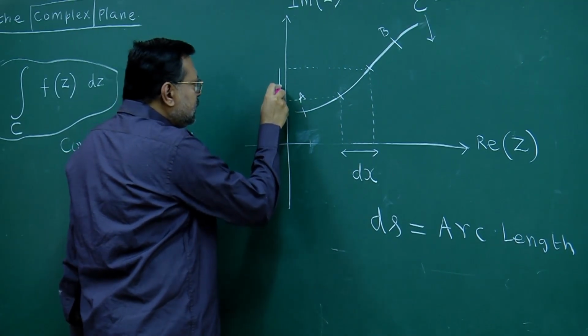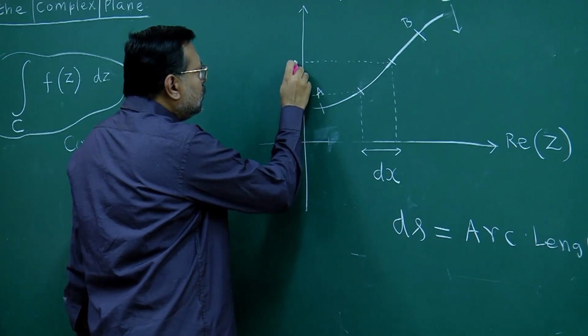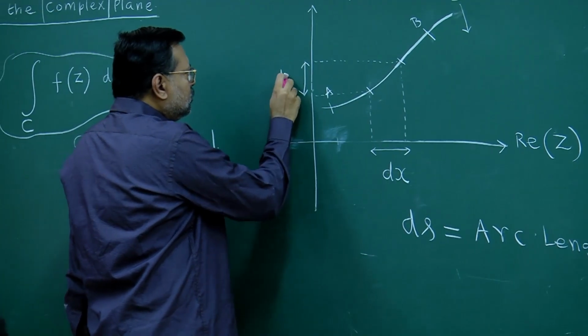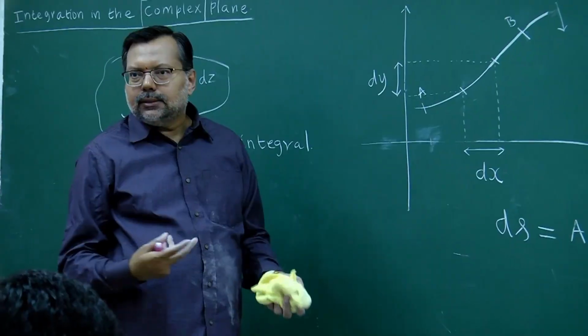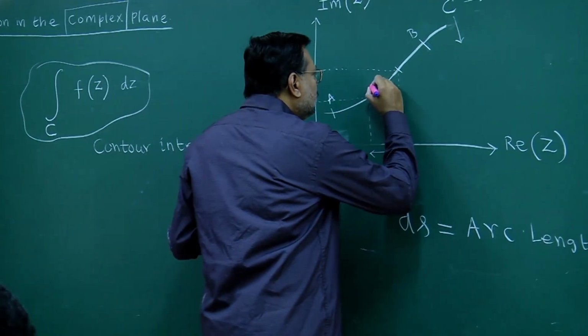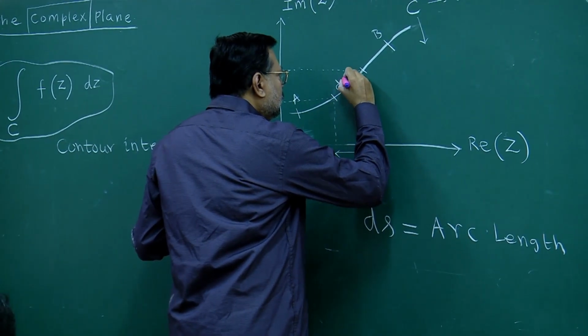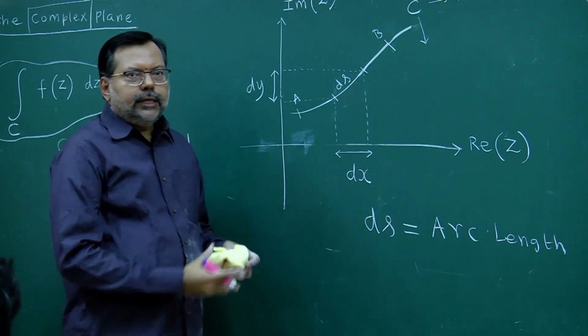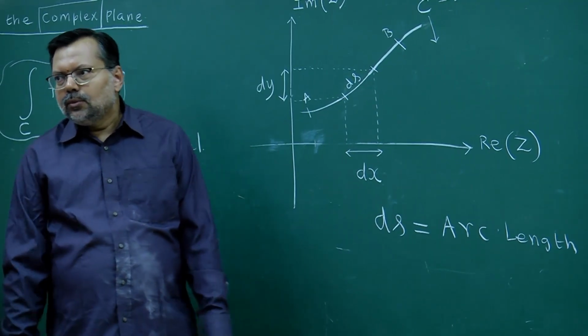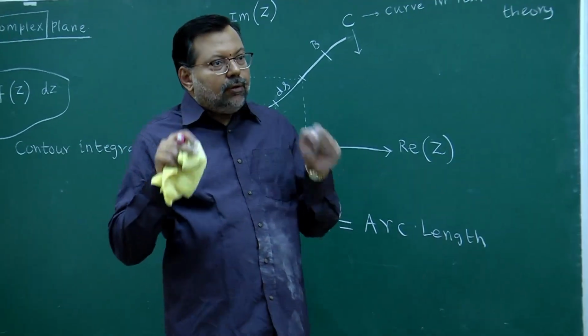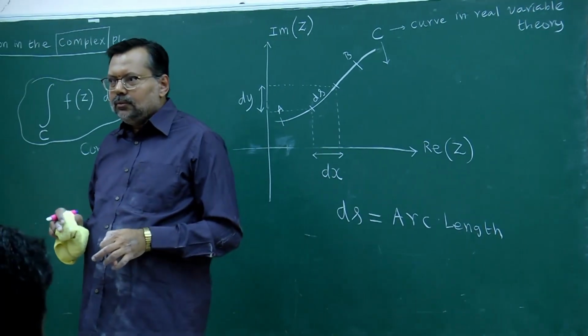So this distance is dx, and dy is there. Then where is ds? ds is this bit. All the three are different. So since all the three are different, the value of the integral is also different.